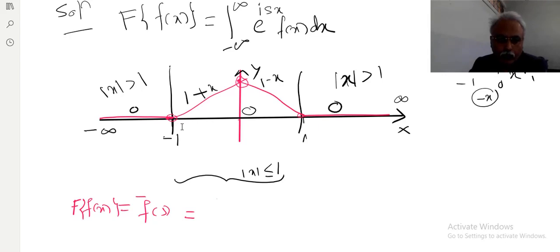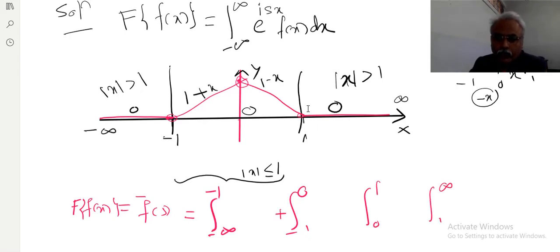Then minus 1 to 0, then 0 to 1, then 1 to infinity, and add all these.